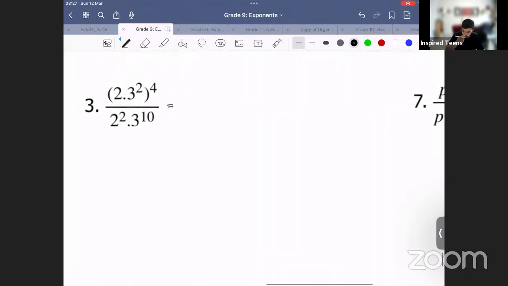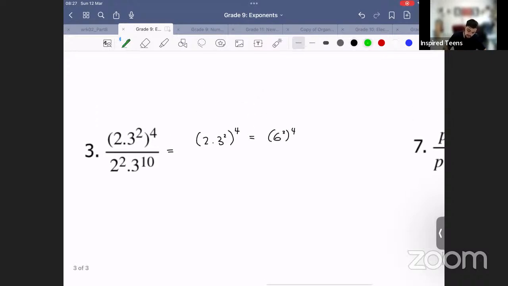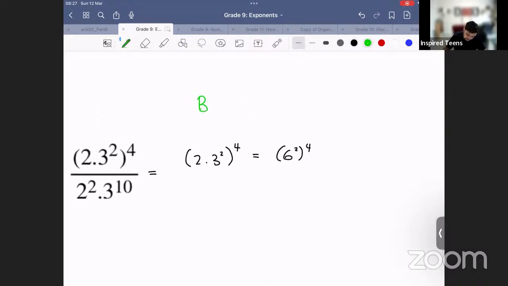Here we have, in brackets, 2 times 3 to the 2, all to the power of 4. Now, I just want to clarify: this is not equal to 6 to the power of 2 to the power of 4. You cannot multiply the 2 with the 3. The reason for that is BODMAS.